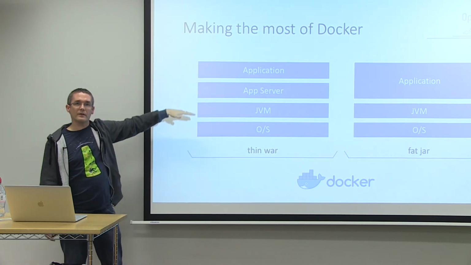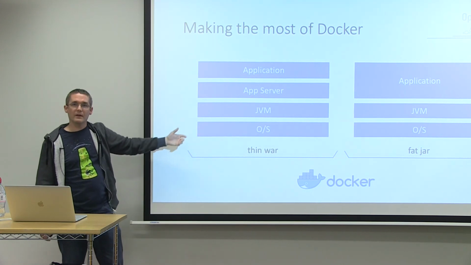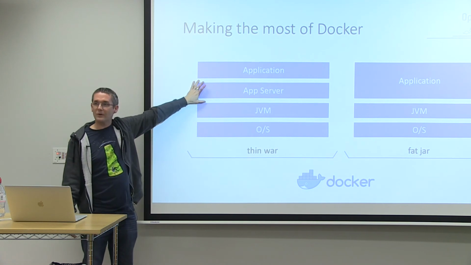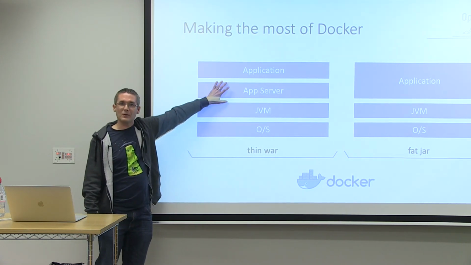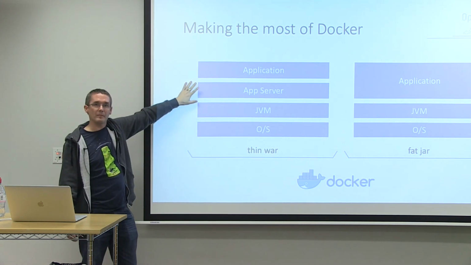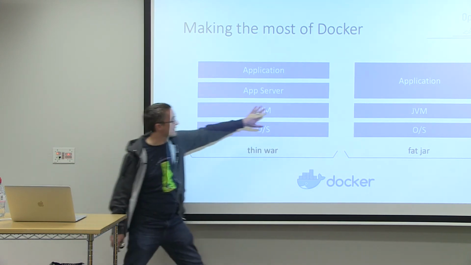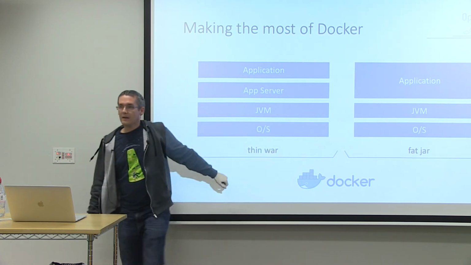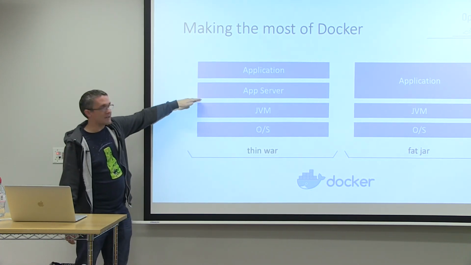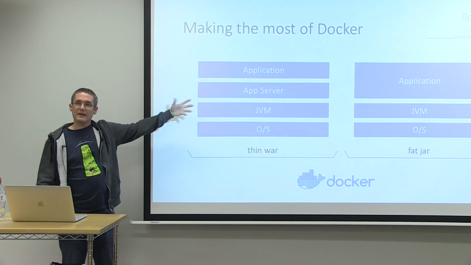Because Docker will cache things for you. If you're rapidly changing your application, you don't want your application server or your frameworks and libraries to all be pulled down every time, because they're packaged inside your application in the fat jar world. So just keep an eye on making sure you layer things appropriately.